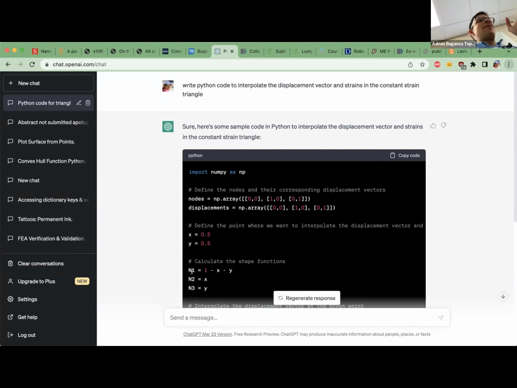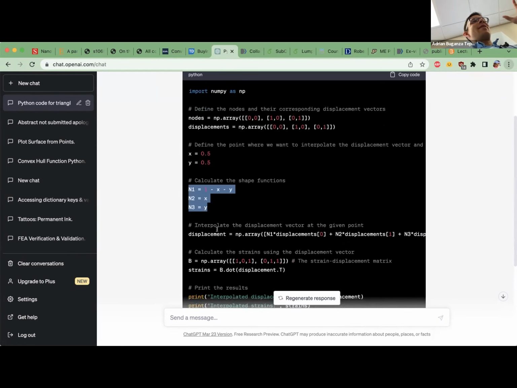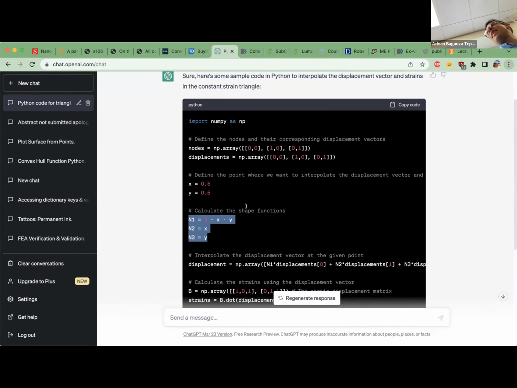These are not the shape functions. This is completely wrong. So just to point out, as usual, it could be a useful tool if you know what you're doing. But for example, here, I asked it for the interpolation, and these shape functions are just completely wrong.